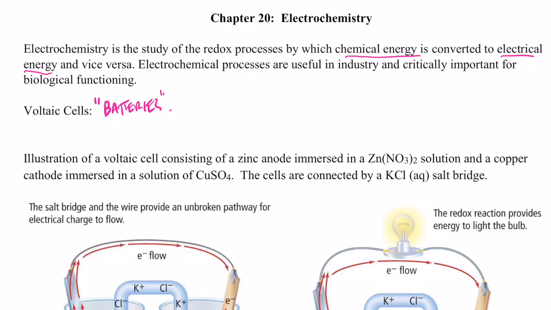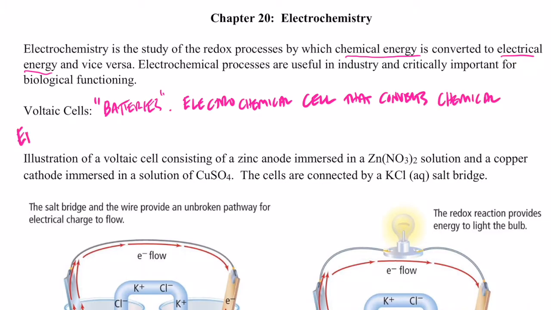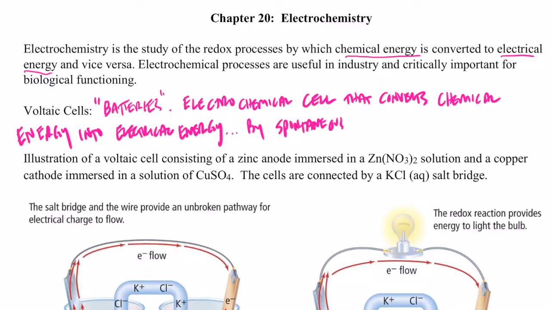This is an electrochemical cell that converts chemical energy into electrical energy, and they do this by spontaneous, we've used that word before, haven't we? Redox, reduction, oxidation reactions.